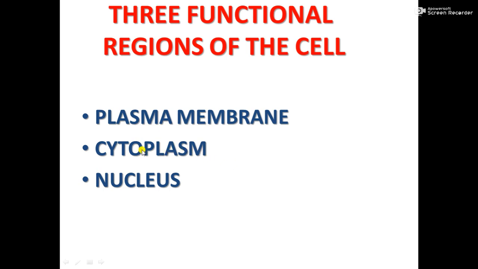And protoplasm has 2 major components, cytoplasm and the nucleus. In other words, cytoplasm and nucleus constitute the protoplasm. So, plasma membrane, cytoplasm and the nucleus together are the functional regions of the cell.